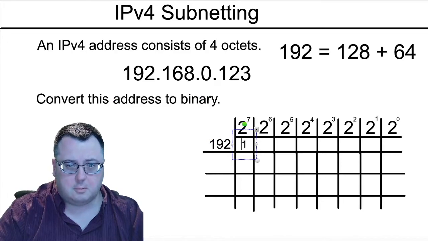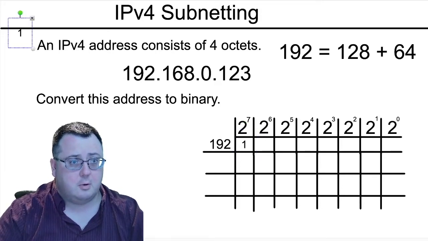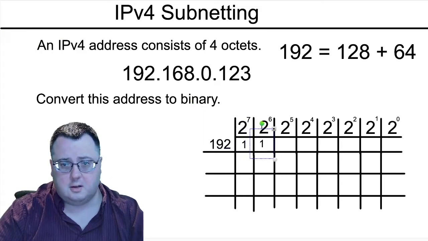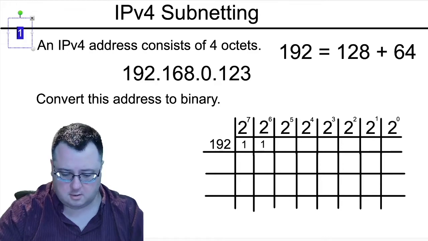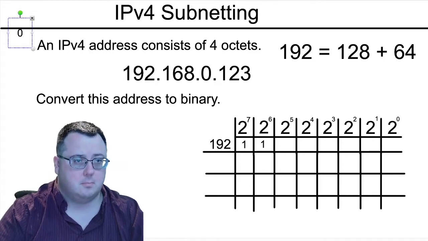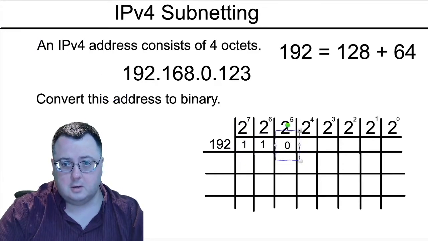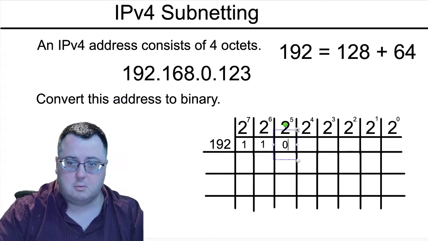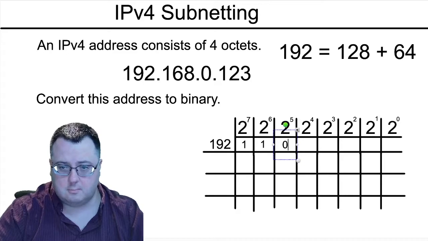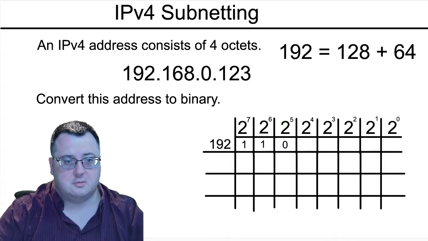And then we're going to need 1 in the 2 to the 6, and then all the rest will be zeros, because we've hit the target number straight away there. Oh, no, we don't want ones. We want zeros.